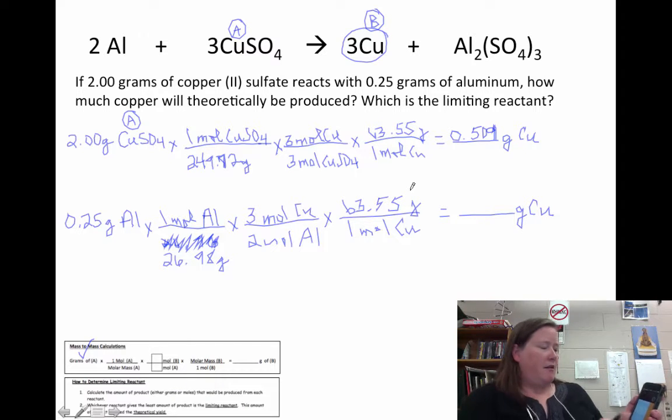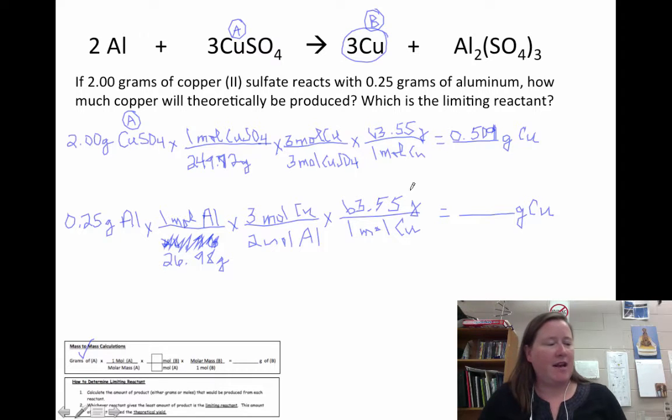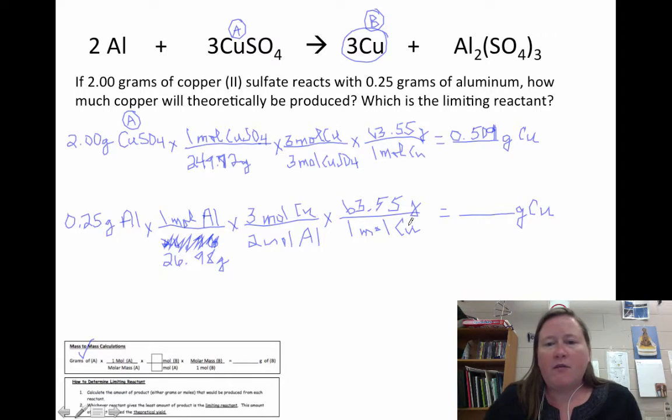Punching this into the calculator, 0.25 divided by 26.98 times 3 divided by 2 times 63.55 is 0.883. So that will round to 0.88 grams.